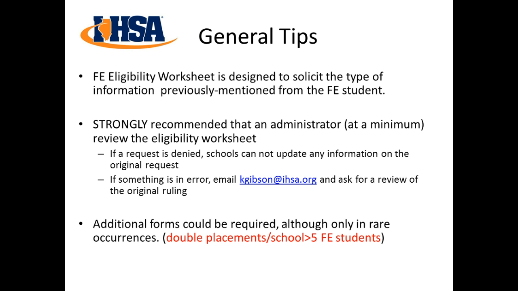A form may be requested of the school just to confirm that they agreed to that number of placements for a given school year. But absent one of those 2 situations being at play, the only form a school will need to submit is the online eligibility form.